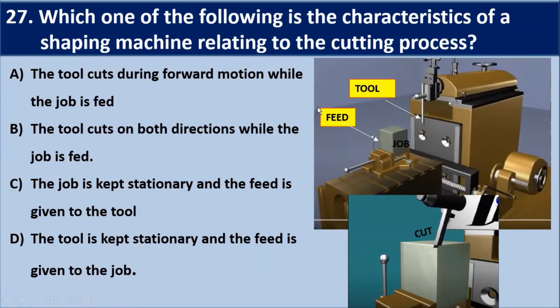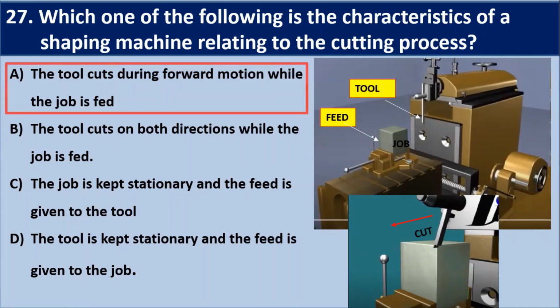Meanwhile, the job has to be fed to produce the flat surface. So it is very clear that the tool cuts during the forward motion while the job is fed. Both these processes take place simultaneously. And that's why our answer is A. The tool cuts during the forward motion while the job is fed.